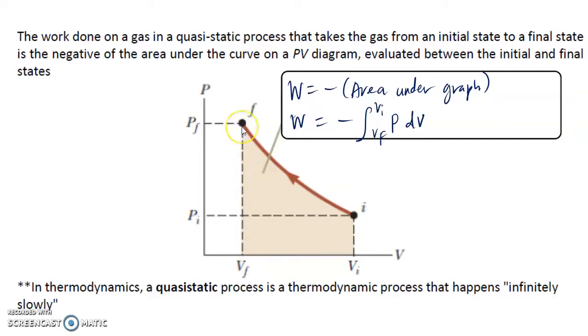In order to calculate the work done on the gas for this process, it is going to be equal to the negative area under the graph. Or mathematically, we can write it down as negative integral P dV, from the initial volume until the final volume.